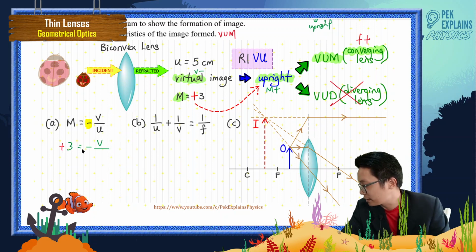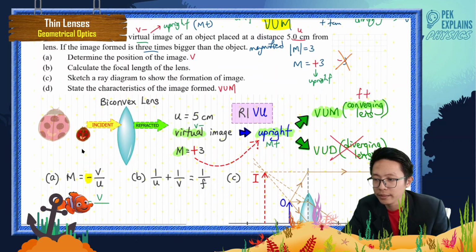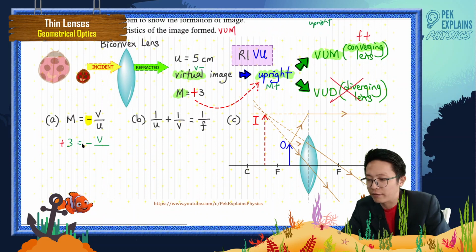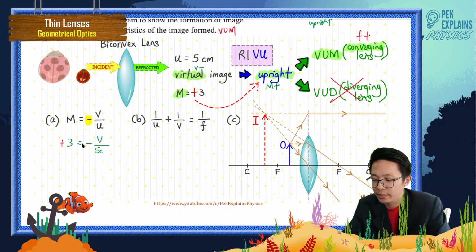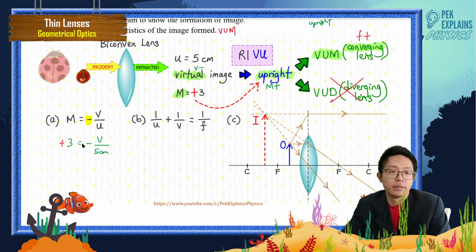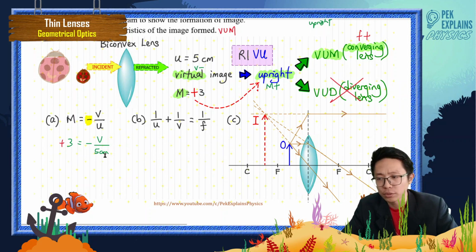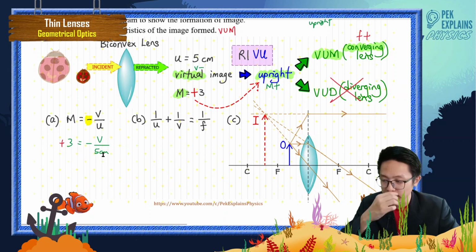Let us maintain the unit as 5 cm. Just put as cm. When you don't substitute the SI unit, meter, when you don't convert to meter, make sure you write the centimeter there. If SI unit, you no need to put the unit.